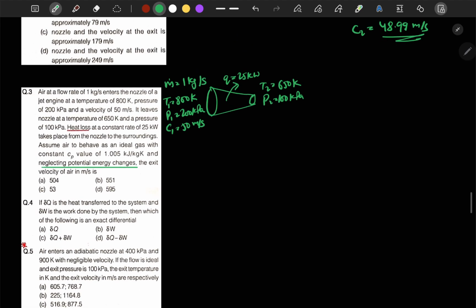So again we will apply the steady flow energy equation.